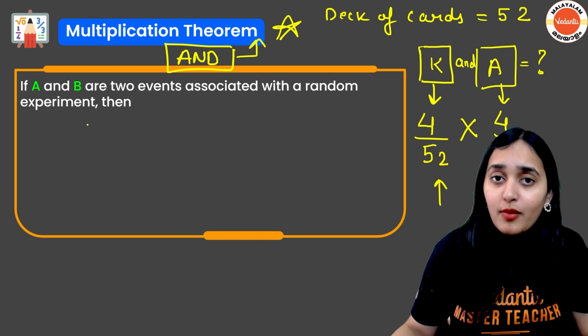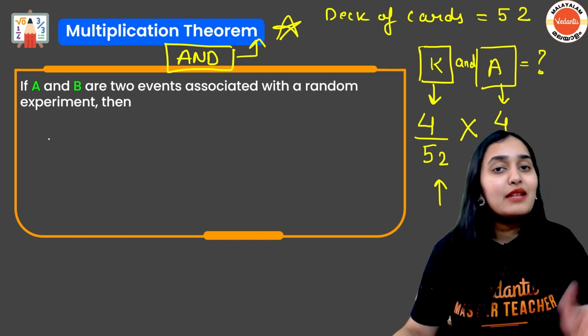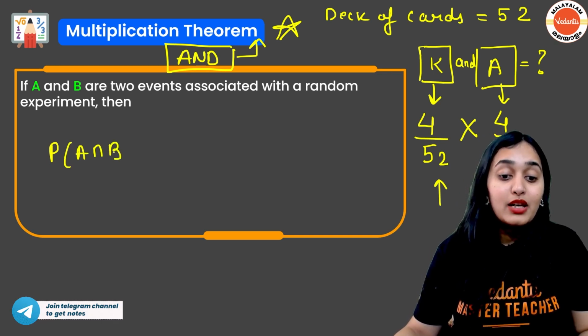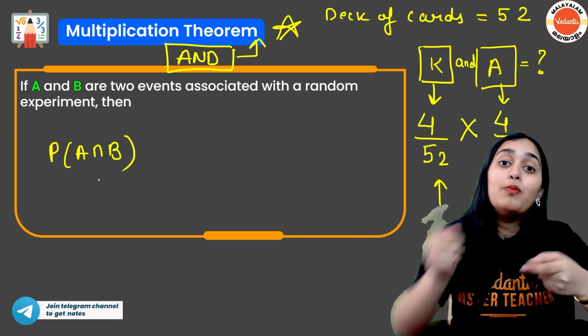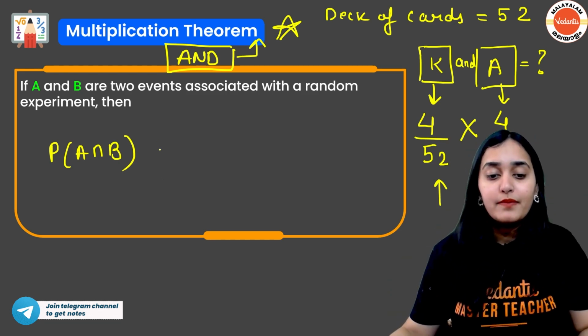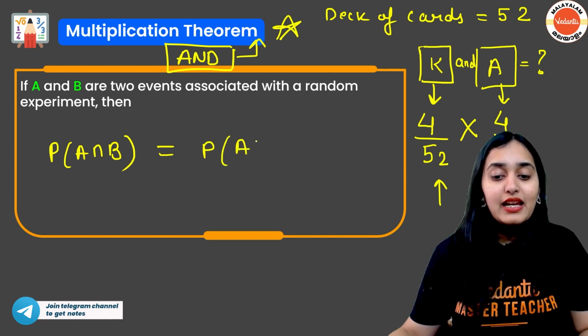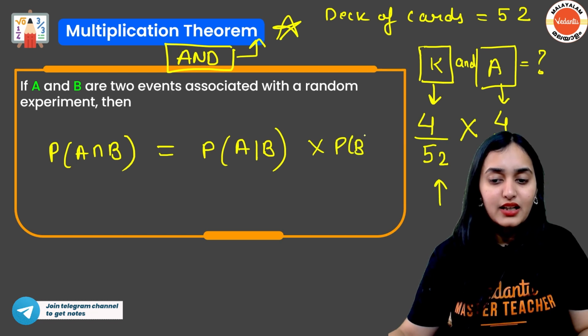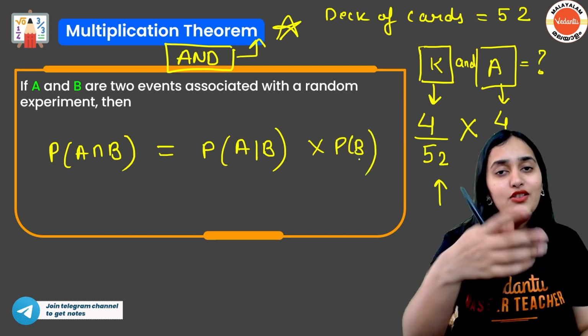Now there is also a formula for the multiplication theorem, which is nothing but the conditional probability formula. So A intersection B. Why intersection? Because both are compulsory. A should also happen, B should also happen. So this is equal to probability of A given B into probability of B. How this formula came, I'll show you with an example.